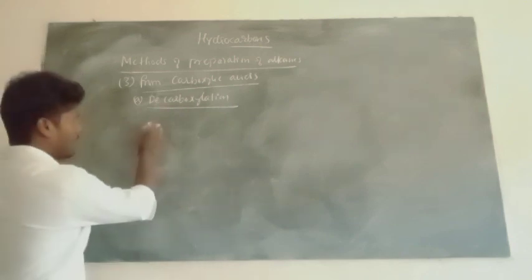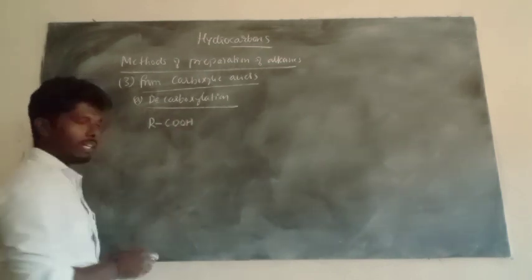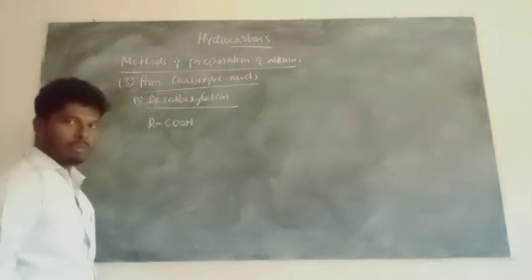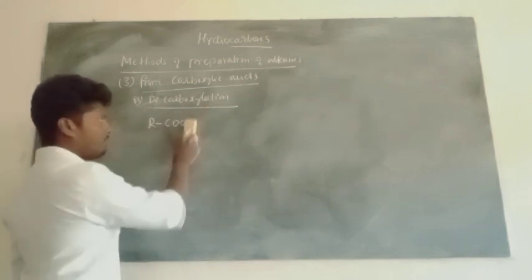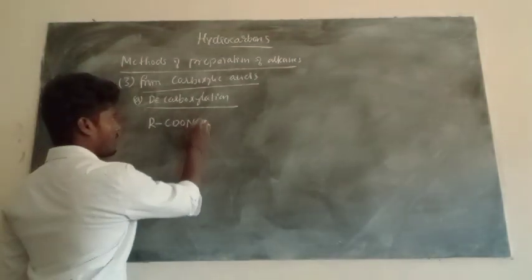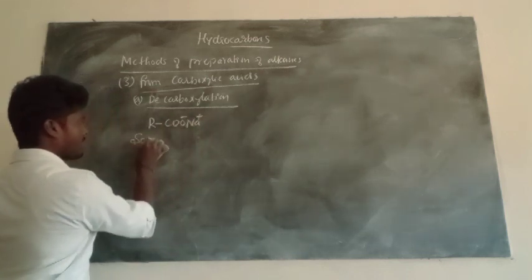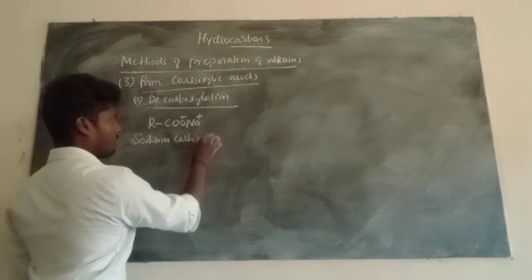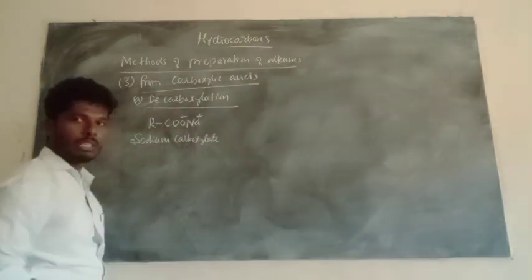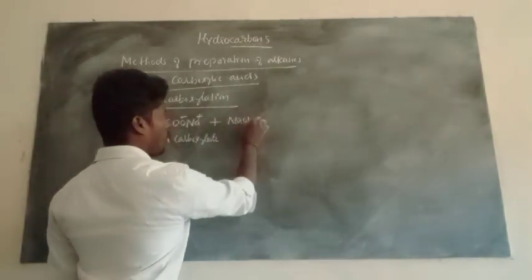So the general reaction, you know, R-COOH is called what? Carboxylic acids. Okay, so this is the general formula of carboxylic acid. Now instead of hydrogen, we are taking sodium here, sodium salt, that we call sodium carboxylate. What is its name? Sodium carboxylate. The sodium carboxylate is treated with the base sodium hydroxide, NaOH.